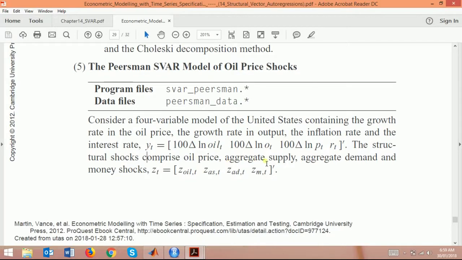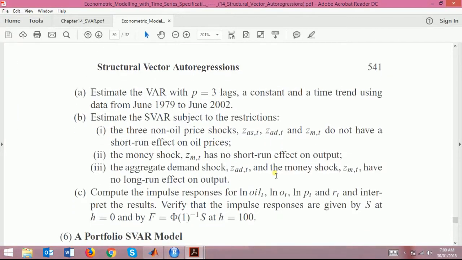The structural shocks comprise oil price, aggregate supply, aggregate demand, and money shocks. I need to estimate the VAR with 3 lags, constant and a time trend, using data from the given period. Estimate the SVAR subject to restrictions.